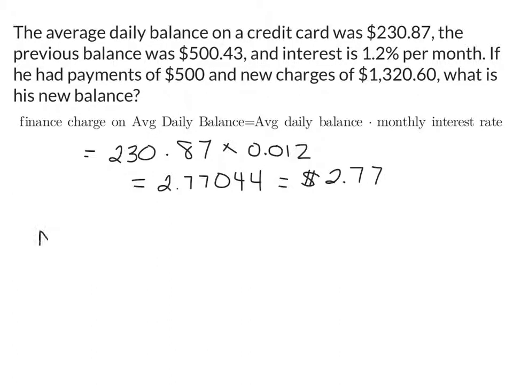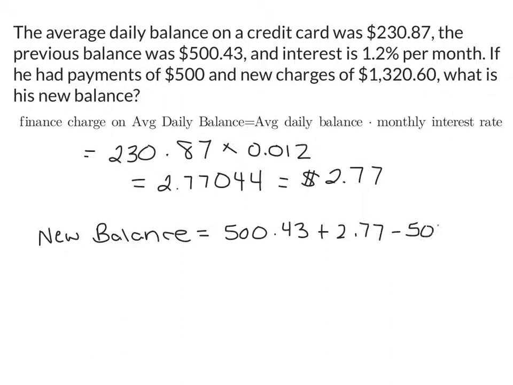Now we'll use that to calculate the new balance. Remember, to find the new balance, we take the previous balance, $500.43, and add the finance charge, $2.77. We subtract any payments we had, which was $500, and then we add any new charges.